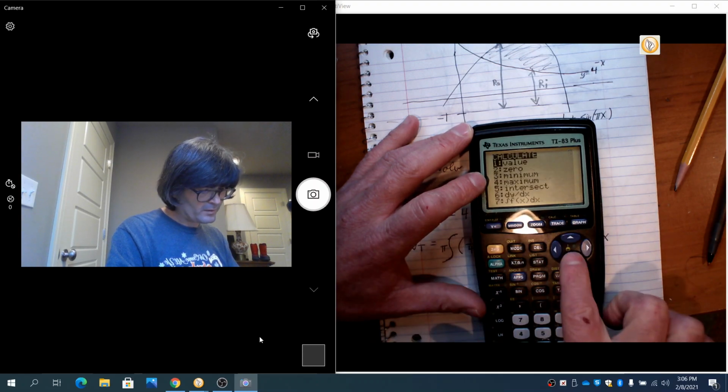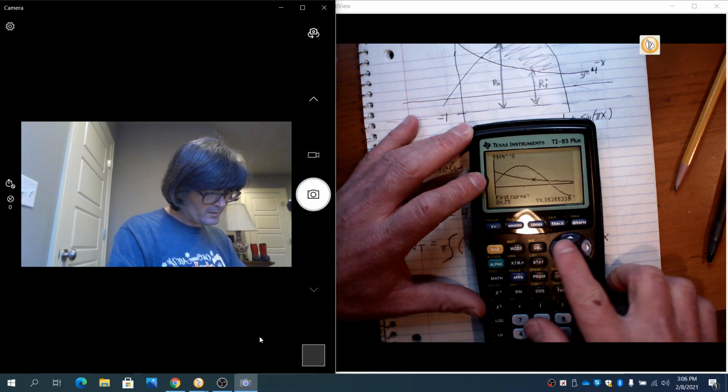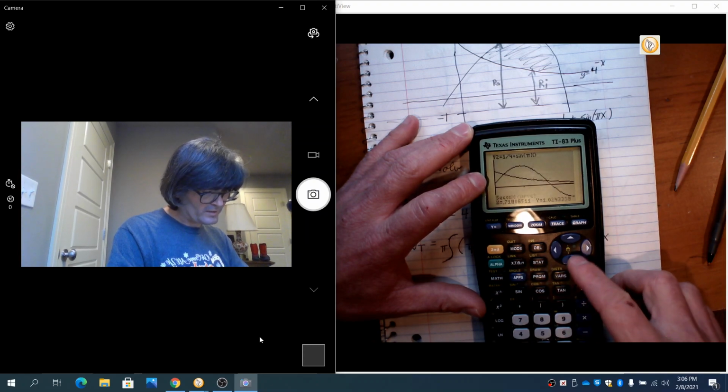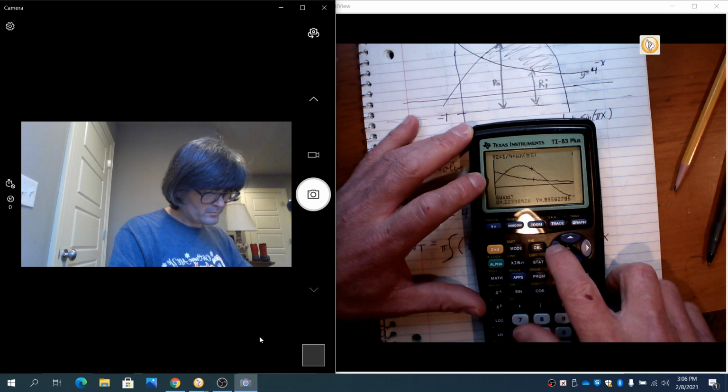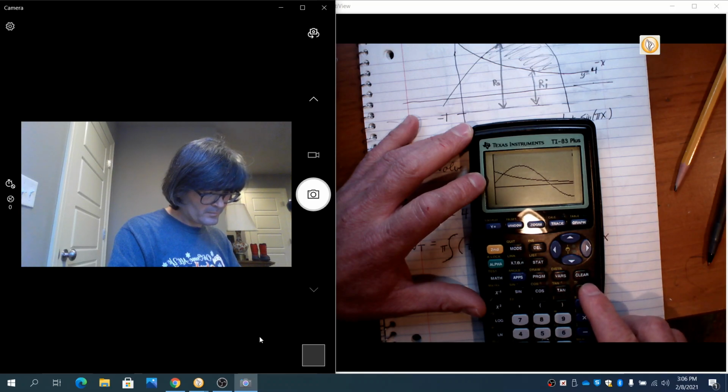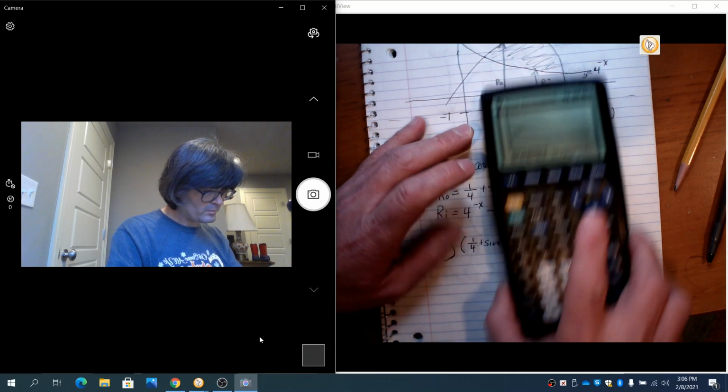I'm going to go to Calc, find intersect. First curve is that one, second curve is that one. It says guess. So I'm going to say I want to guess this first point. It's thinking about it. 0.1782.